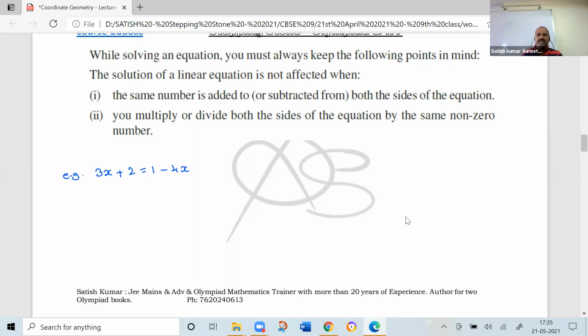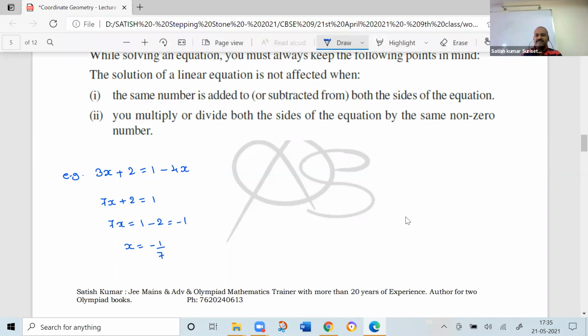To bring this to the left side, I should add 4x to both sides. So it becomes 7x plus 2 equal to 1, since the 4x cancels. Now take this constant to the right side, meaning subtract 2 from both sides. Then 7x equal to 1 minus 2, which is minus 1. So x equal to minus 1 by 7.